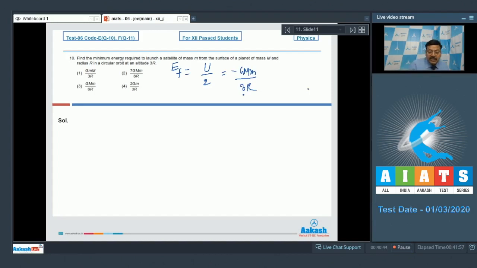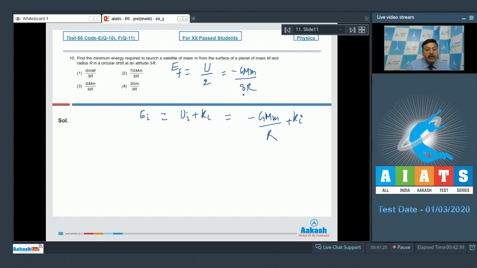The initial mechanical energy EI would be equal to UI plus KI. The value of UI is minus capital G capital M small m divided by R, and then there is the initial kinetic energy required.